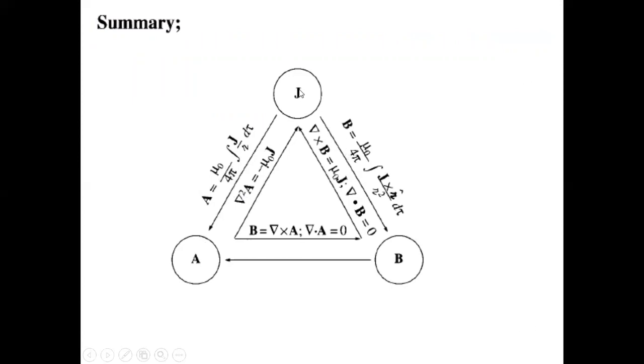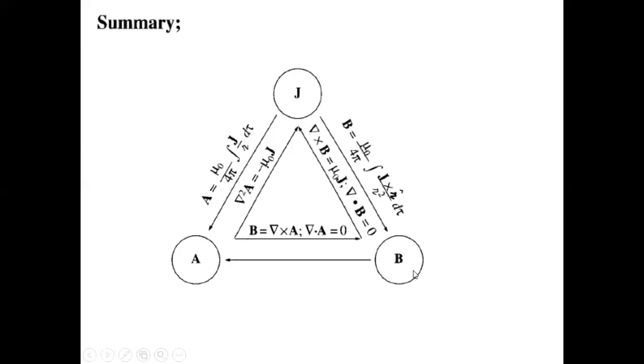Similarly, the relationship between J and B we can get directly from the Biot-Savart law, and we can also do it from the curl of B equals mu 0 J, which is Ampere's law in differential form. We also figured out that the divergence of B equals 0.